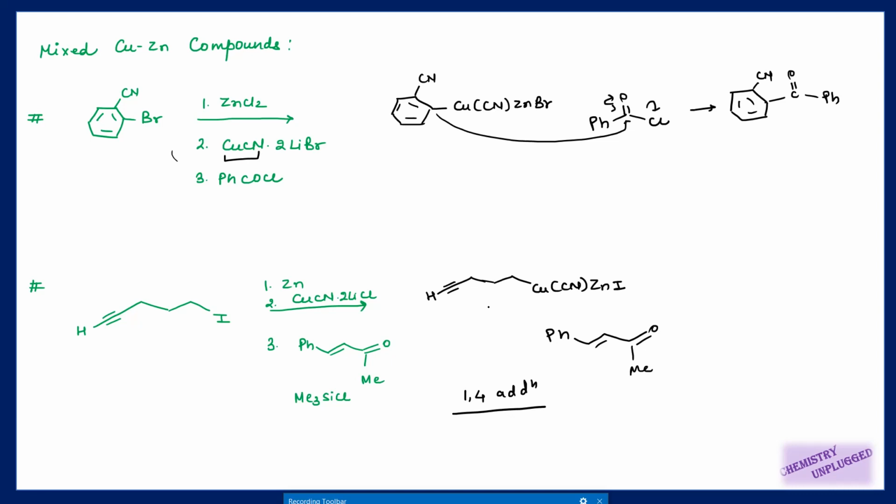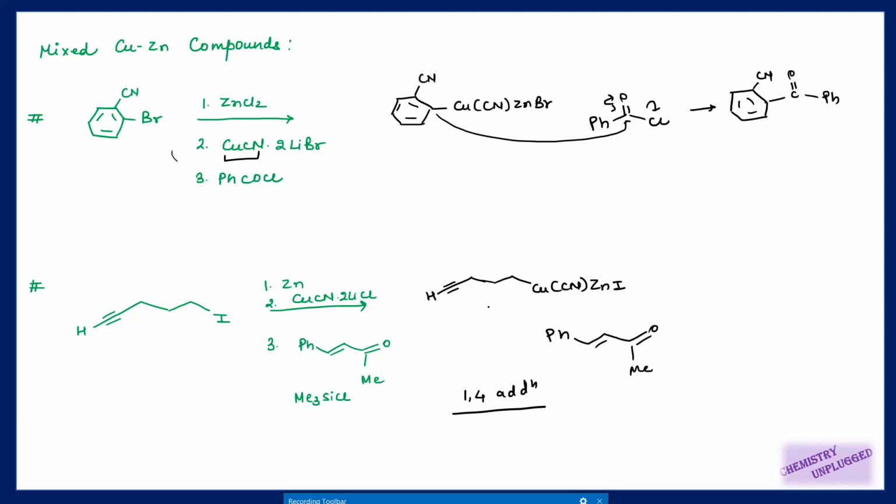So one way of remembering this is that you are using again a copper salt, and copper salt generates soft nucleophiles, so they will show 1,4 addition, right? Remember that 1,4 addition is for soft nucleophiles and 1,2 addition for hard nucleophiles. So again this time we have copper salt, so it will show soft nucleophilic addition, that is 1,4 addition.